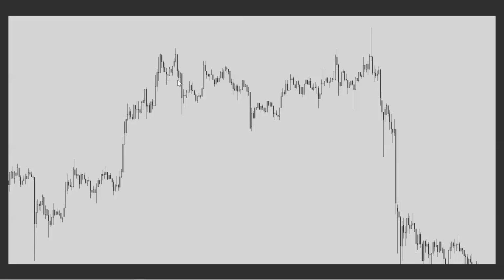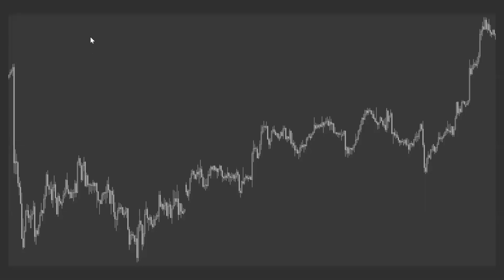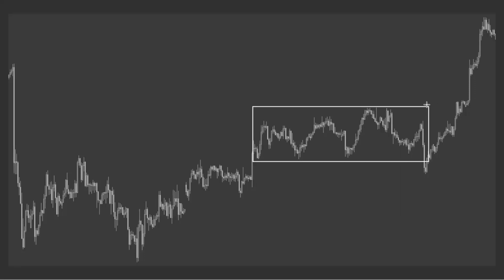So here's quite a nice example from Euro JPY a while back, and you can see that price is clearly trending up here. So what you want to be doing is trading against both people who call tops early and people who call for an end to the range. In this case, you've got quite a clear range here.